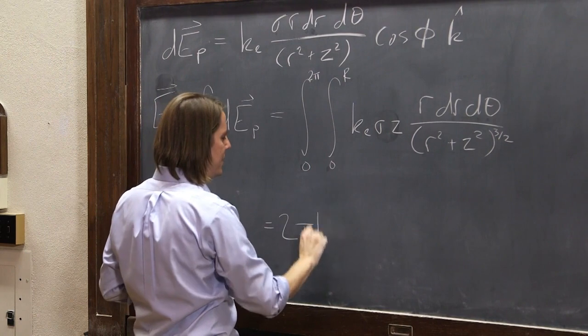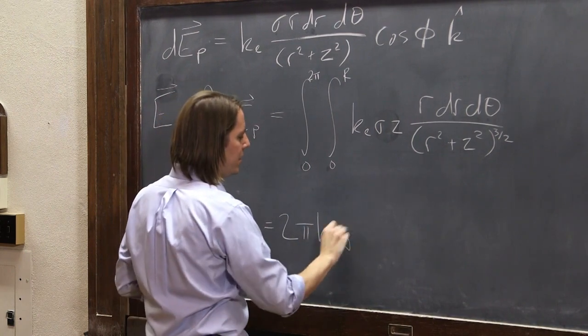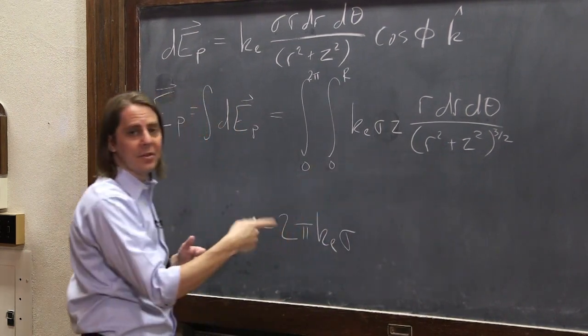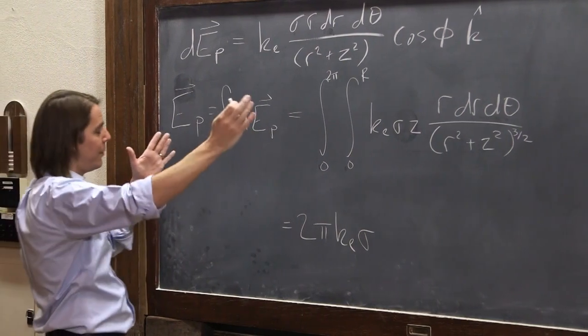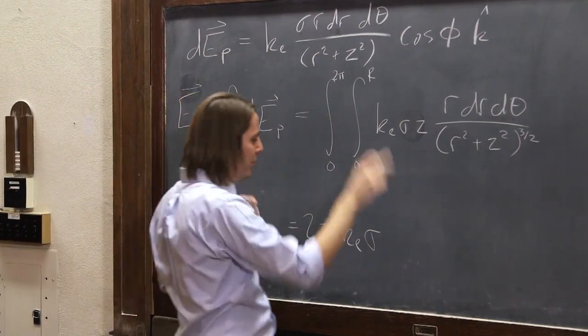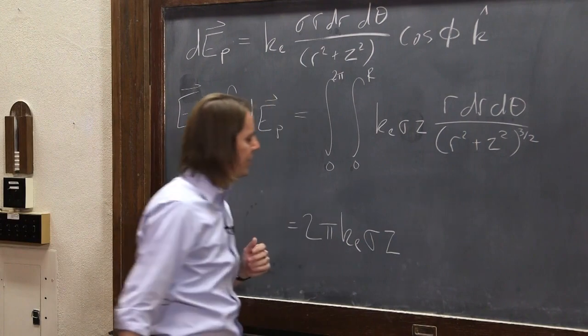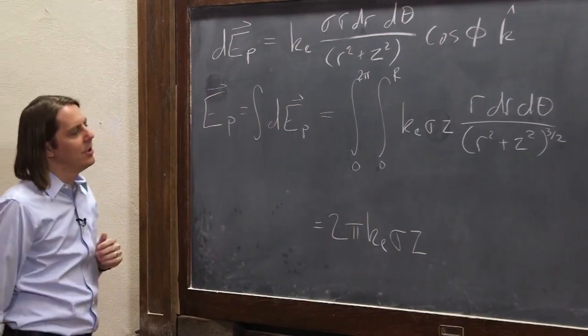And then you still have a ke, and you have a sigma. And actually, z is a constant in this case. Z was just how far out are we, so that's not changing as we move around the disk. So there's our constants, 2 pi, ke, sigma, and z.